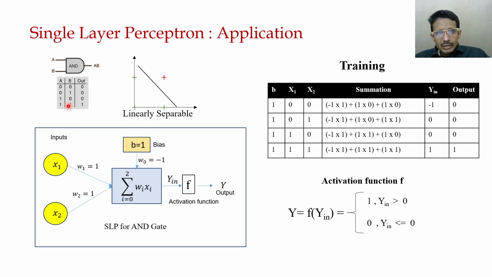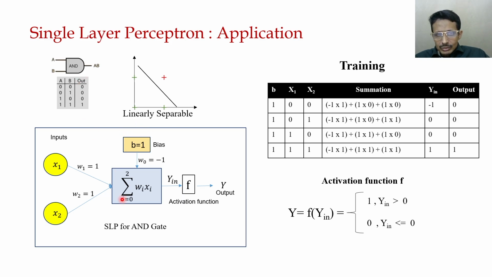But when it is 1 1, the summation term is minus 1 plus 1 plus 1, so 2 minus 1 is 1, which is greater than or equal to 0, so it's 1. So what we get is 0 0 0, 0 1 0, 1 0 0, 1 1 1. So this is the simple AND logic.